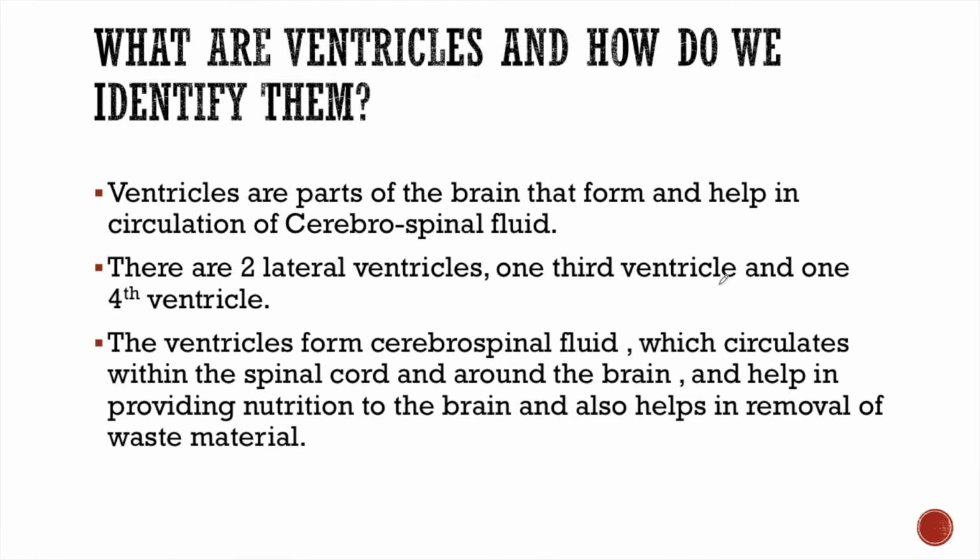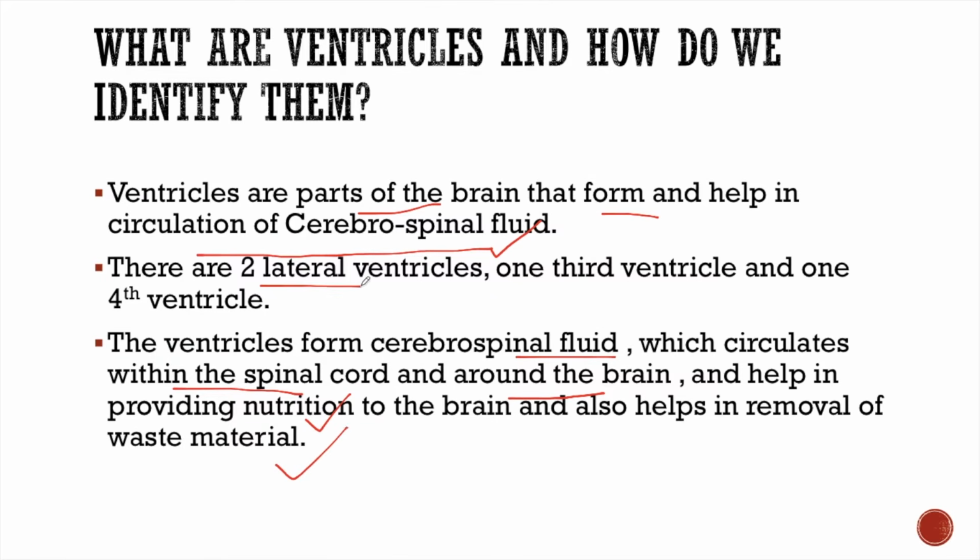What are ventricles and how do we identify them? Ventricles are parts of the brain that form and help in circulation of the cerebrospinal fluid. The cerebrospinal fluid circulates within the spinal cord and around the brain and helps in providing nutrition to the brain and also helps in removal of waste material.